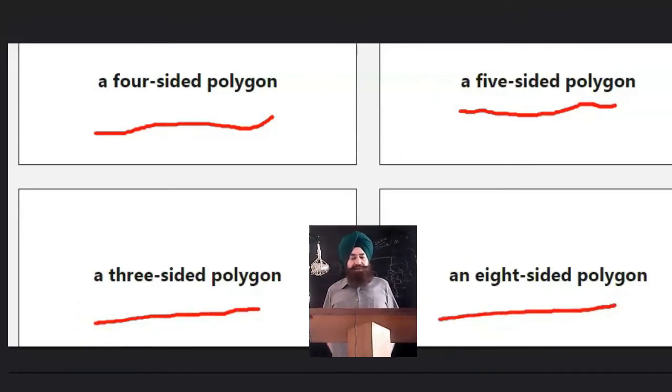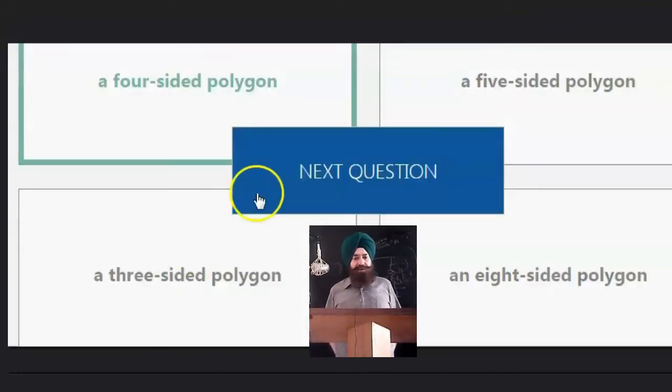So what do you think? Time starts now. It is a 4-sided polygon. Quadri means 4. A 4-sided polygon is a quadrilateral. So this is the correct answer.